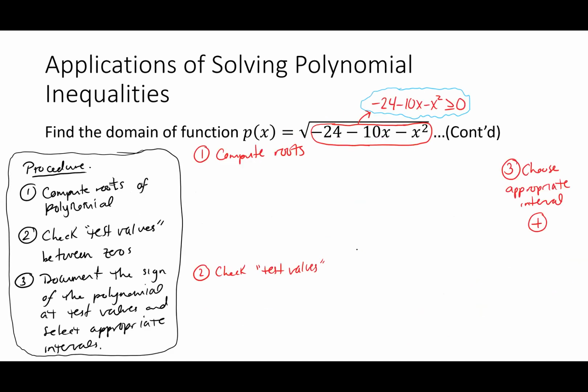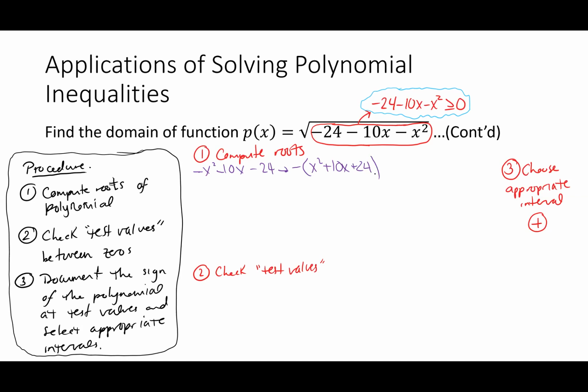Okay, so we need to solve this, and I'm going to use test values to do this. So we're going to start by computing the roots. And what I'm going to do here is I'm just going to rewrite this to be negative x squared minus 10x minus 24. I'm going to factor out a negative, and I end up with x squared plus 10x plus 24.